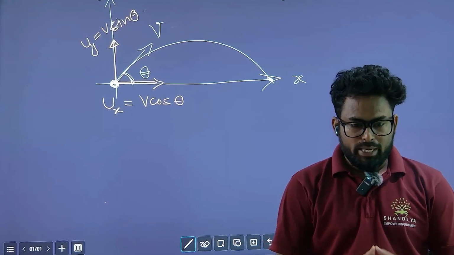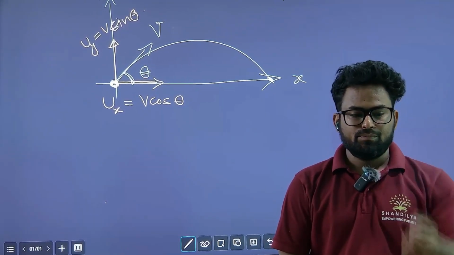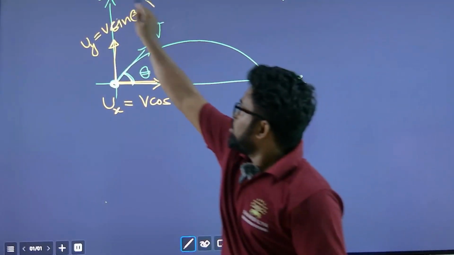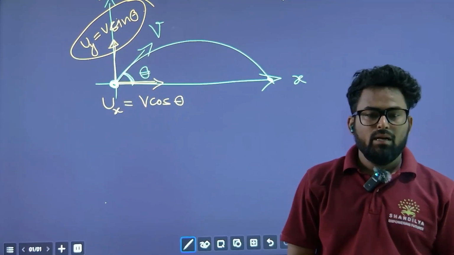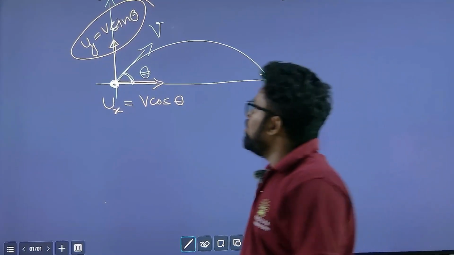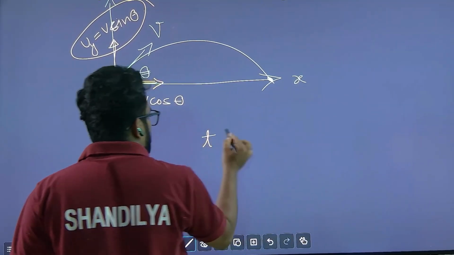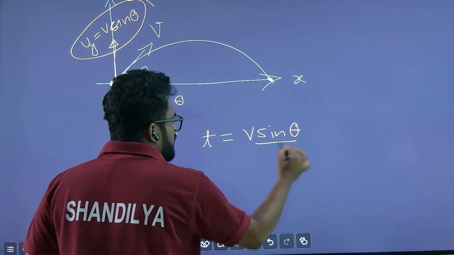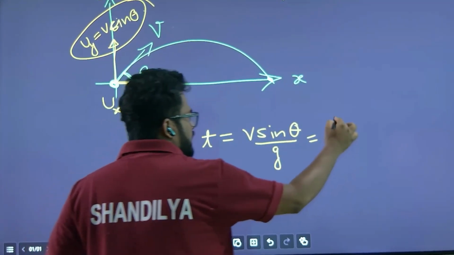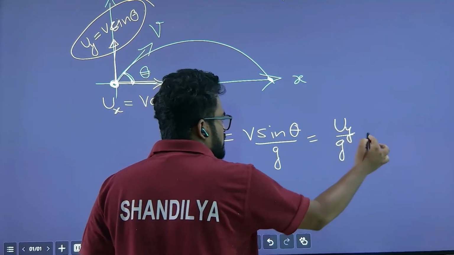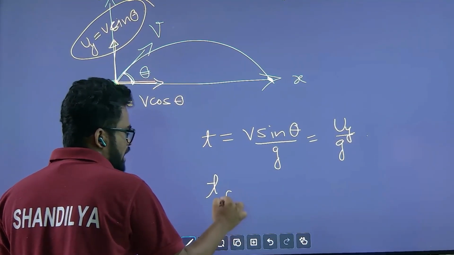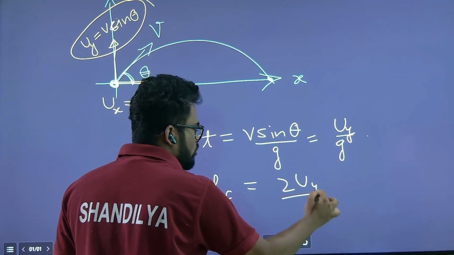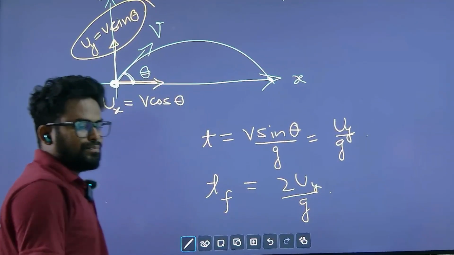We are throwing it upward with velocity v sine theta, right? That velocity is responsible to take the projectile upward. So tell me how much time it would take to go up. Time would be v sine theta by g, or uy by g. Similarly, time of flight, going up and coming down by symmetry, is 2uy by g.